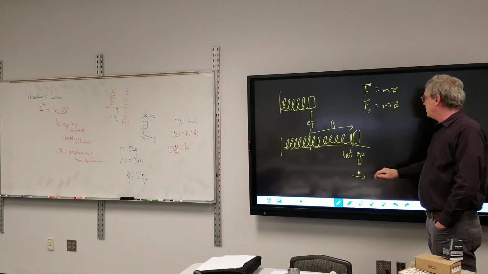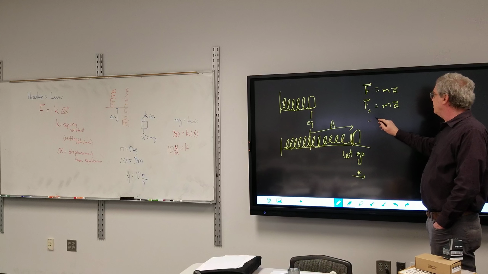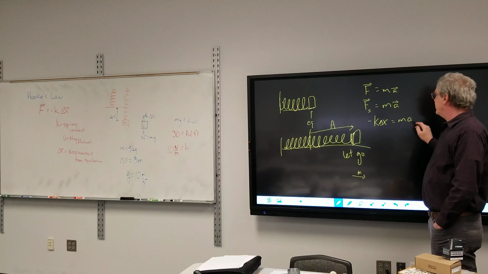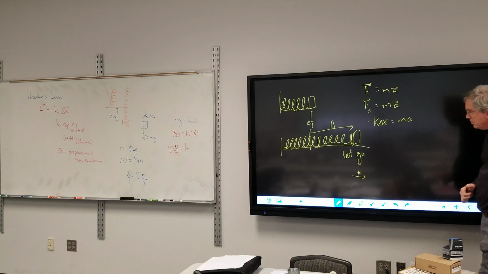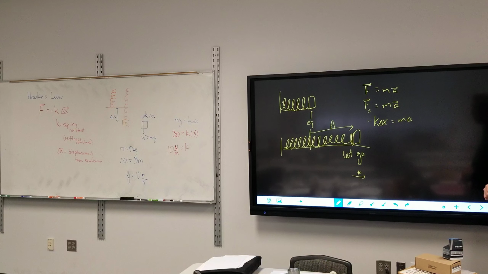Well, that makes a huge amount of difference. But this becomes negative k delta x is equal to mass times acceleration, assuming, of course, this obeys Hooke's law.